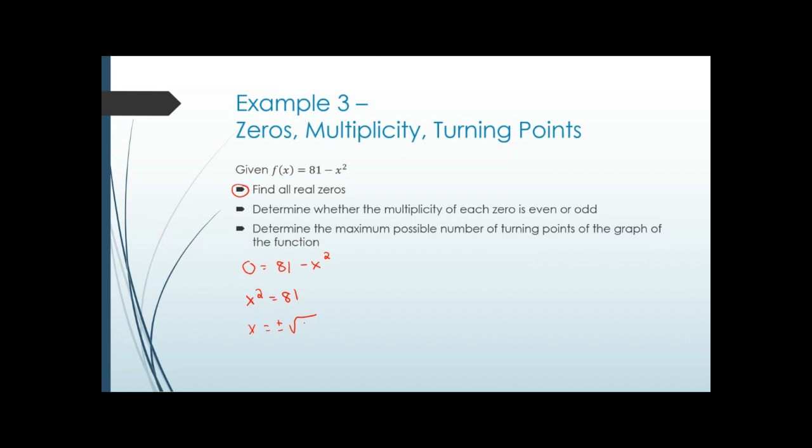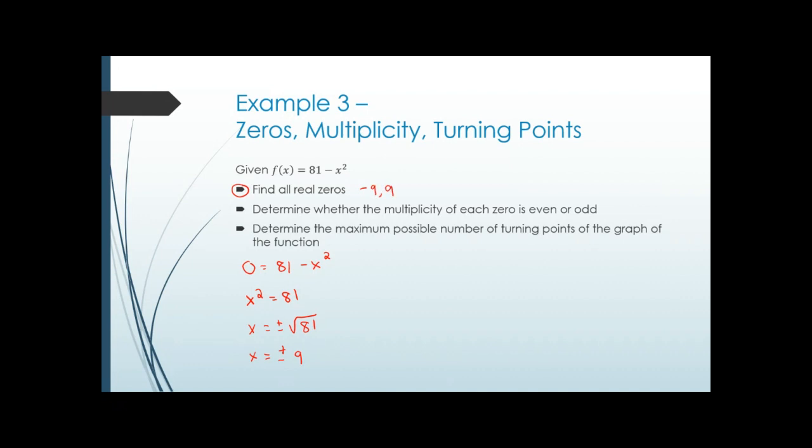So first I'll write plus or minus the square root of 81, and that equals plus or minus 9. So we have two zeros here, and they're real zeros because they're not imaginary numbers. We have -9 and 9 as our real zeros.